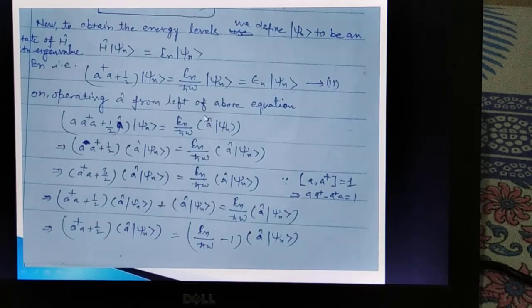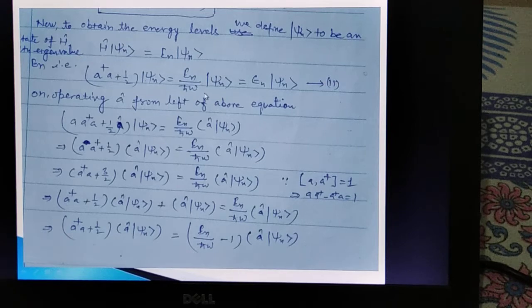And to obtain the energy levels, let psi n be an eigenstate of Hamiltonian H. Then you can write H psi n equal to En psi n, and from the previous equation, (A dagger A plus half) psi n equal to En over h cross omega psi n.